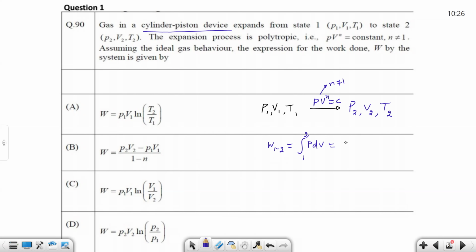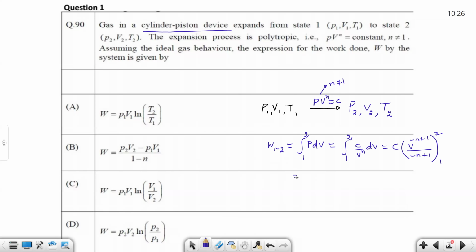From the expression PV^n equals constant, we can write P equals C by V^n, so integral of C V^(-n) dV, which gives C V^(-n+1) by (1 minus n) from 1 to 2.